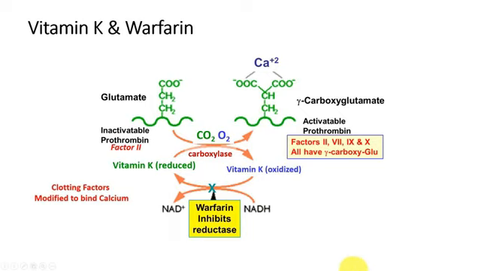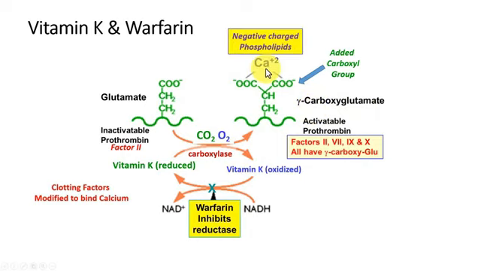Vitamin K involves a change in the structure of the protein by taking a glutamic acid residue and putting another carboxyl group on it to make gamma-carboxyglutamate. Once that occurs, calcium can bind, and then the calcium allows the organization of the clotting factors in contact with negative phospholipids that are exposed when tissues are cut or membranes are disrupted.